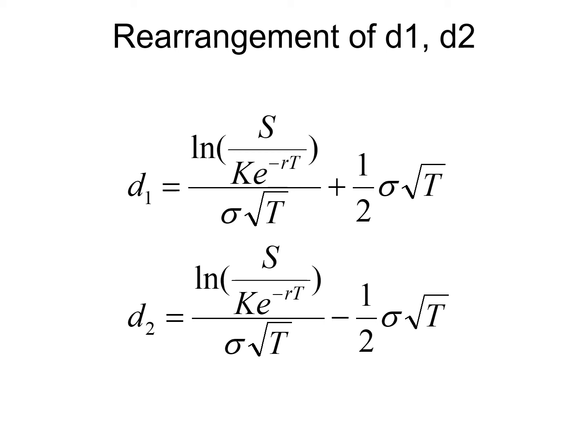But for D1, it's a little bit above the middle one. It's like 1/2 of the standard deviation, because sigma square root T is the standard deviation. So D1 is really the middle plus 1/2 standard deviation. D2 is the middle one minus half of the standard deviation. So here, then it becomes more clear.